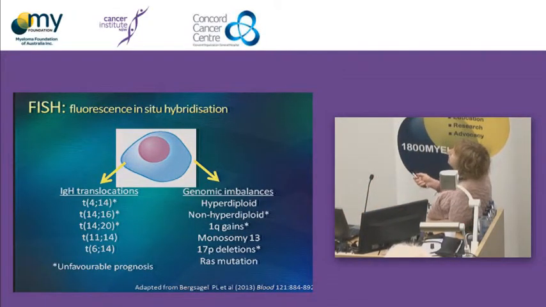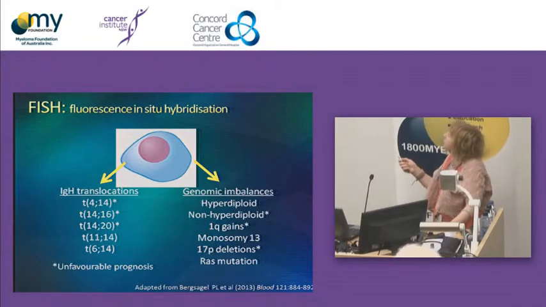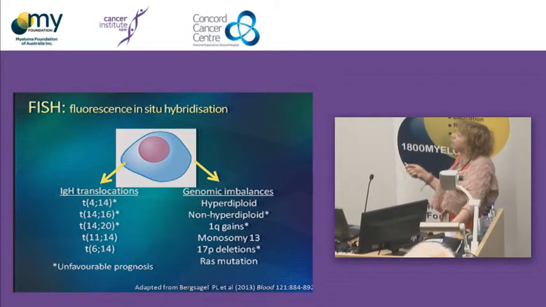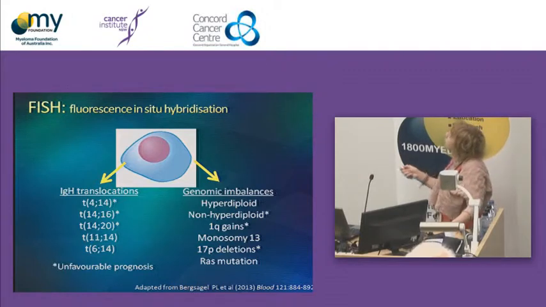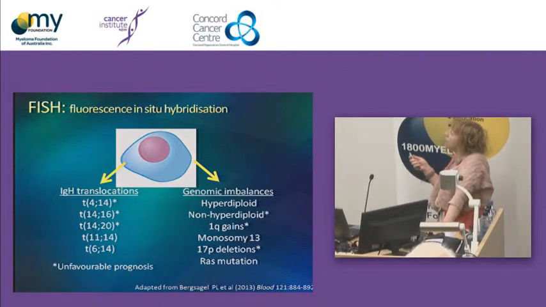Another important thing is that we are gathering more and more information about the fact that these plasma cells are neoplastic or cancerous plasma cells, and we are discovering more and more chromosomal or genetic abnormalities. So these are some of the chromosomal and genetic abnormalities that we are able to test.